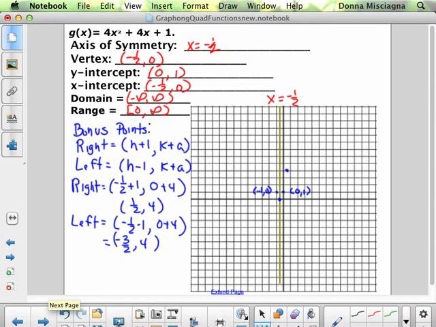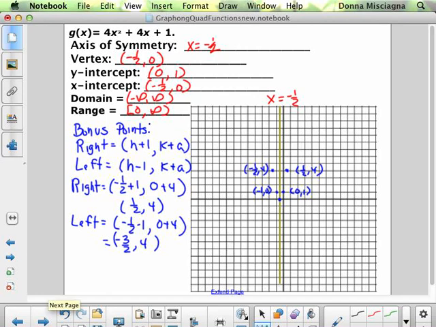That is a point on our parabola. And then 1 to the left, so that's going to be negative 1.5. And up 4 again, 1, 2, 3, 4. There's our other bonus point. So in addition to the 3 we had graphed, we also get 1/2, 4 and negative 3/2, 4. And this works all the time.